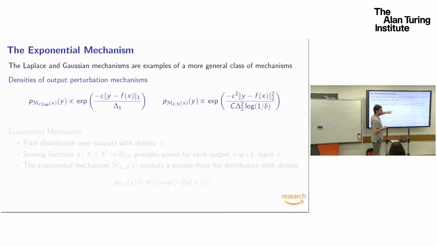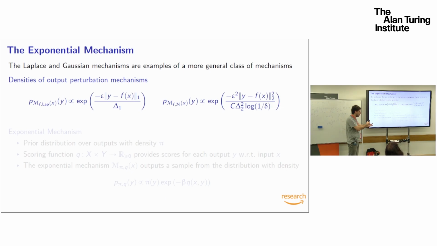And here we have the sensitivities and the epsilon parameter. A similar thing happens with the Gaussian mechanism, but now instead of an L1 norm, I have an L2 norm. Basically, these two densities are saying I want to give more probability to things that are close to f(x), so that's good. That means these mechanisms are going to have good utility in a sense.